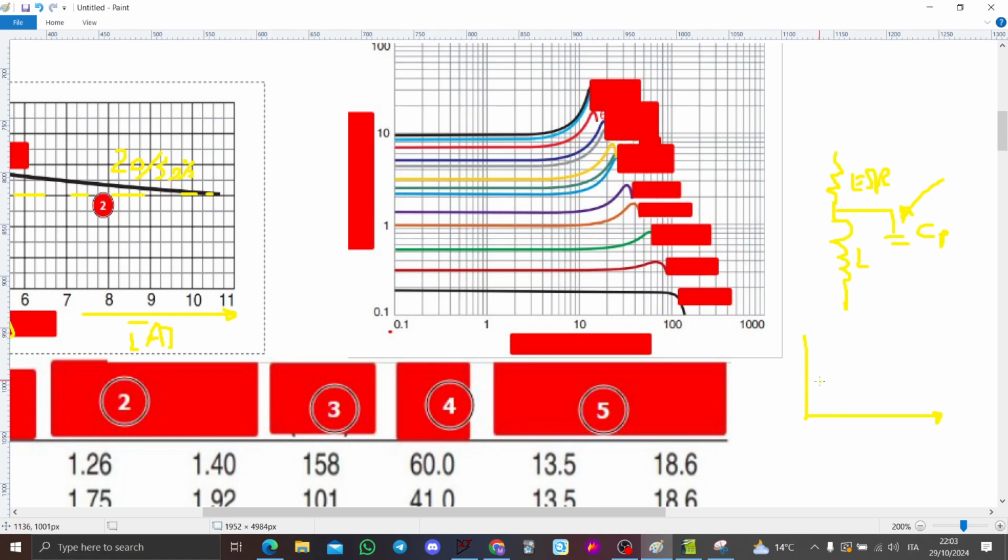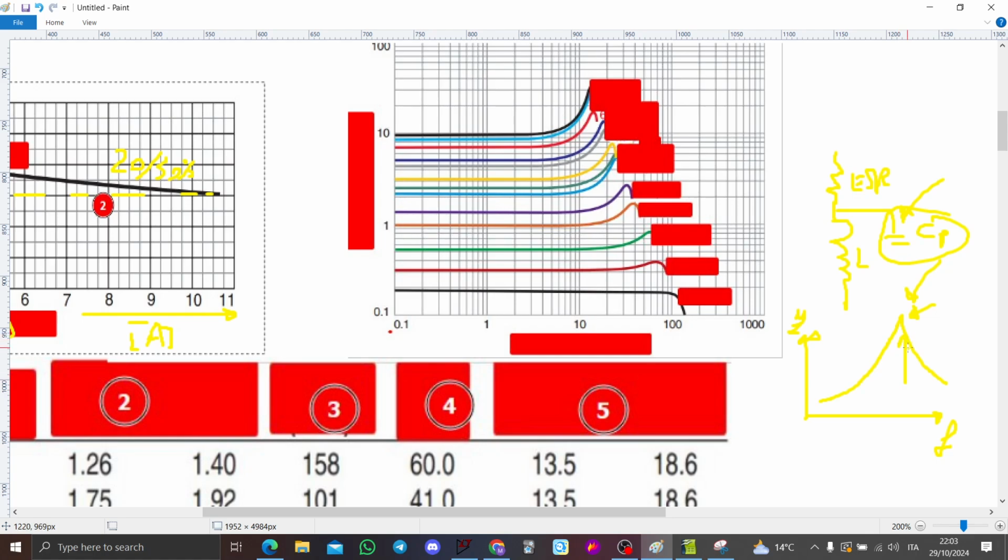The Bode plot for the impedance of an inductor in frequency is something like this. And this point here is the self-resonance frequency, mainly because it is given by this capacitor CP taking action.